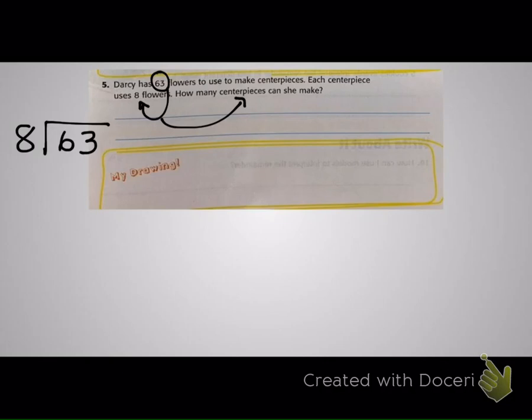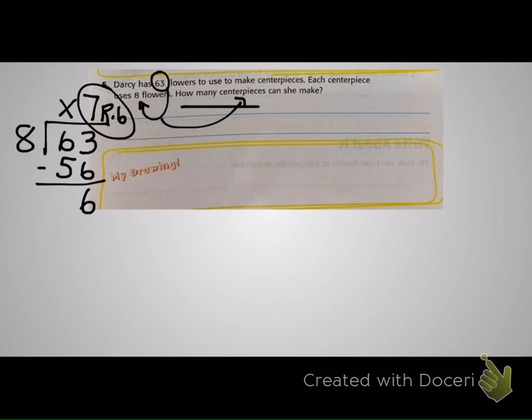Let's go ahead and divide here to figure out how many can she make. Well, I know 6 does not go into 8, so I got to put 8 into 63. 8 times 7 is 56. We subtract, we get 6 left over. So she has 7, remainder 6.